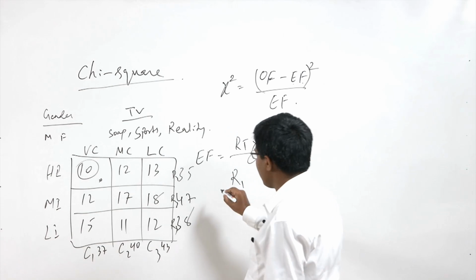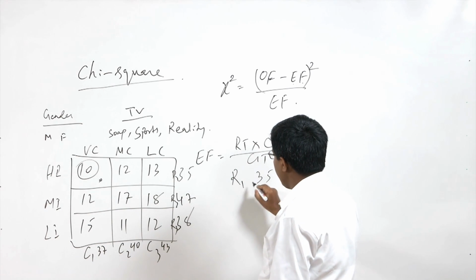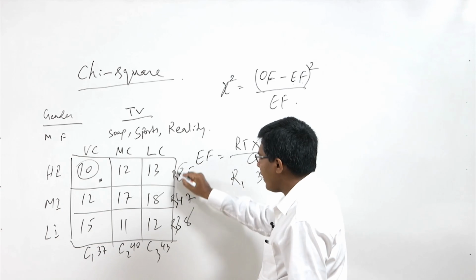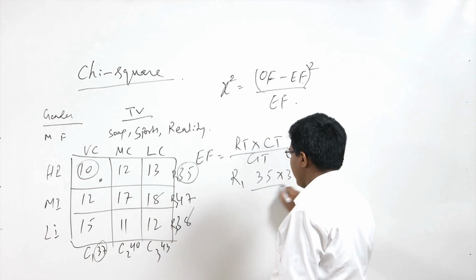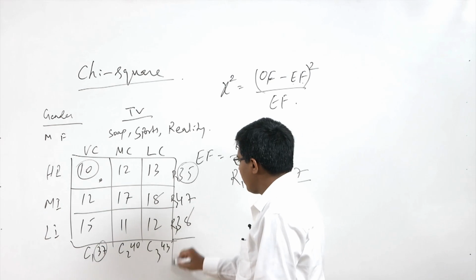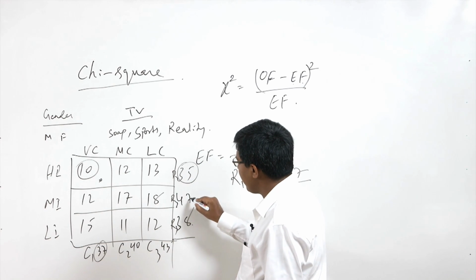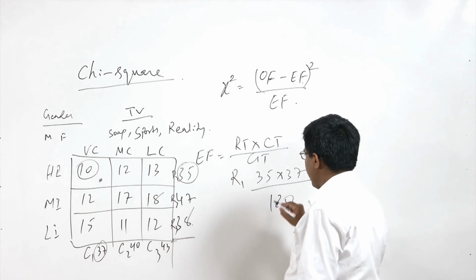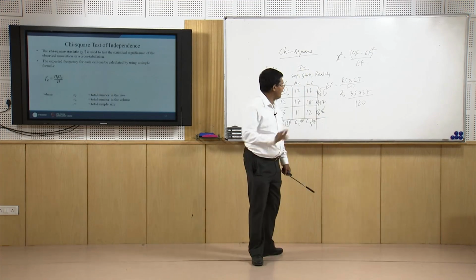So what is my first expected value? 35 into 37, divided by the total, which is 120. Similarly you have to find the expected frequency for each cell.